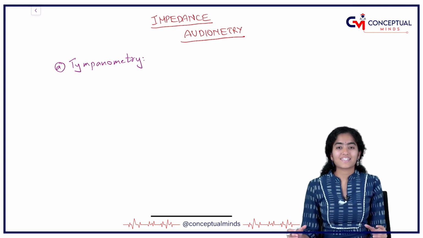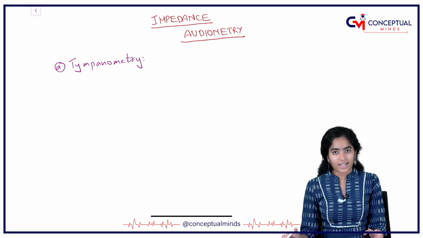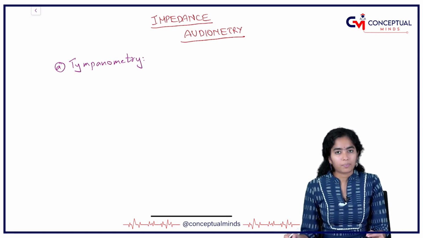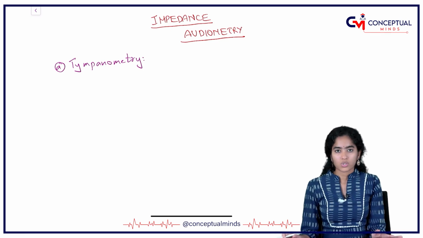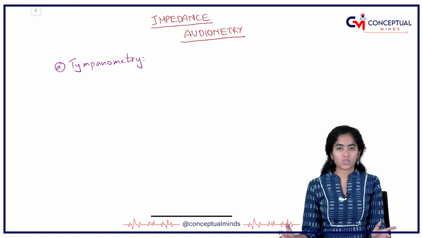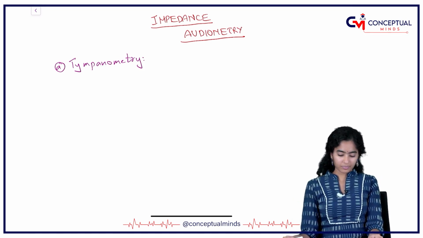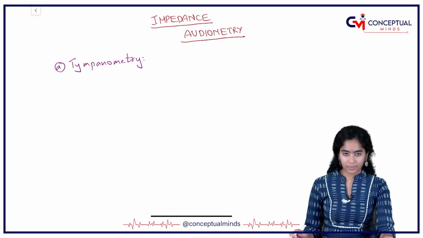For example, a stiff tympanic membrane would absorb very little and reflect maximum, whereas a compliant tympanic membrane will absorb more and reflect less. So far so good. I hope this concept is clear. Some amount is reflected and some amount is absorbed. That depends on the state of tympanic membrane. This is the concept of tympanometry.